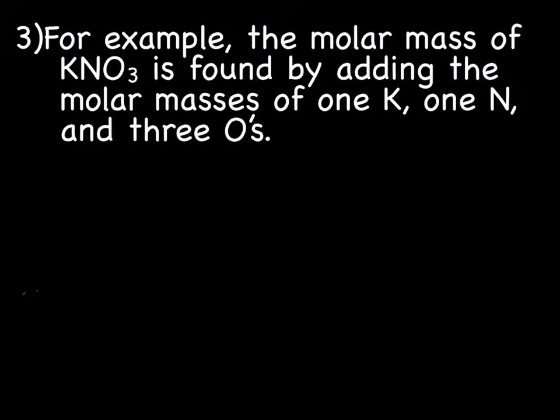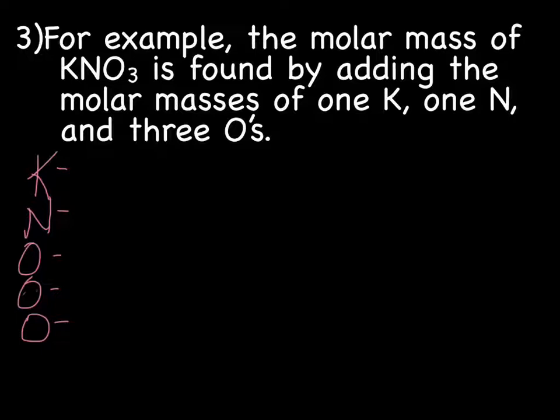Okay. So a quick example. The molar mass of KNO3, or potassium nitrate, is found by adding the molar masses of 1 potassium, 1 nitrogen, and 3 oxygens. So I'm going to start by looking at the periodic table and finding the molar mass of each of those atoms.